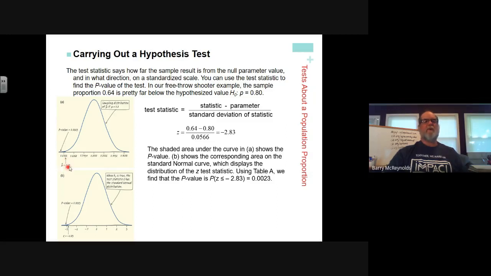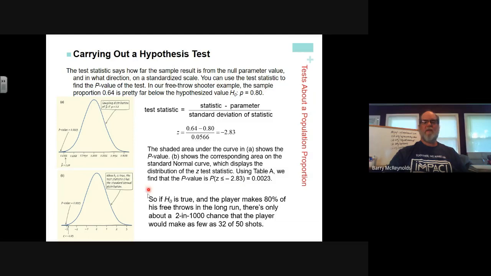Okay, so the one we calculated, or the one we observed, kind of is the cut point in the tail, and everything more extreme than that falls into that p-value, or that probability of being less than that value. So we're asking ourselves, what is the probability that z is less than negative 2.83? And using table A, we find that that's equal to 0.0023.